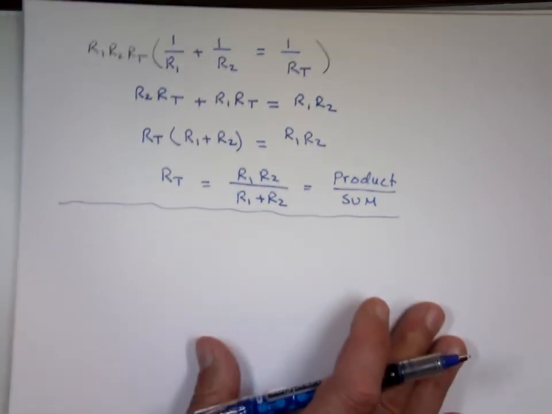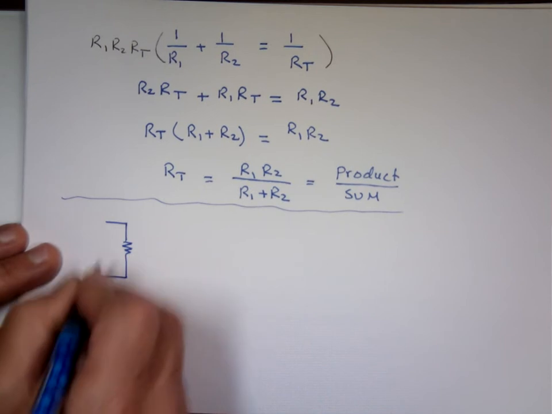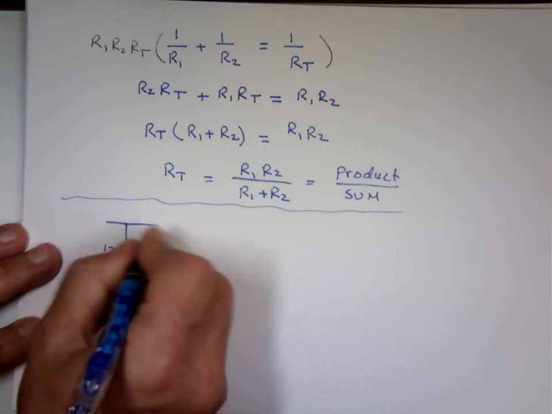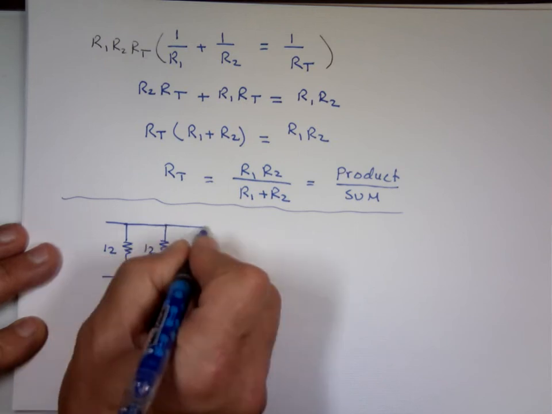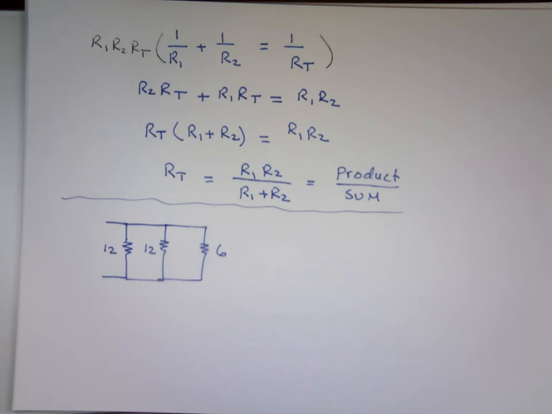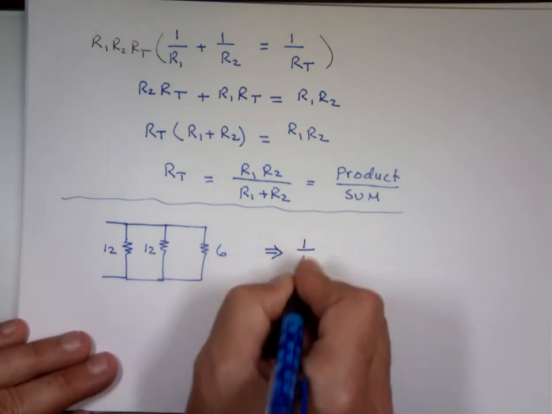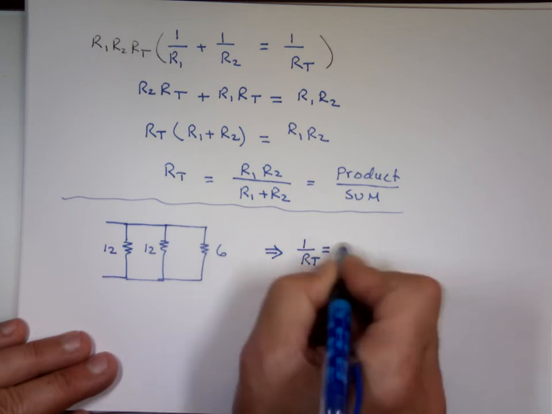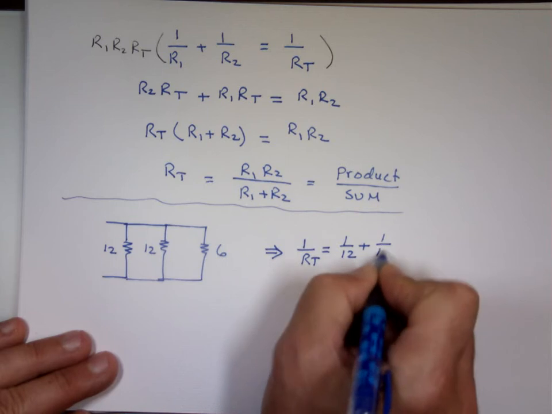Let's say we have this one, 12, 12, and 6. I have two options. I can say, well, wait a minute, I know the equation: 1 over RT equals 1 over 12 plus 1 over 12 plus 1 over 6.